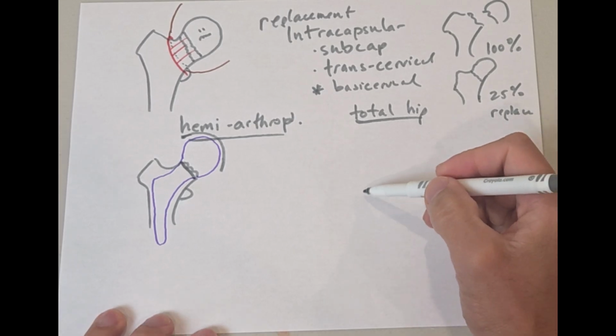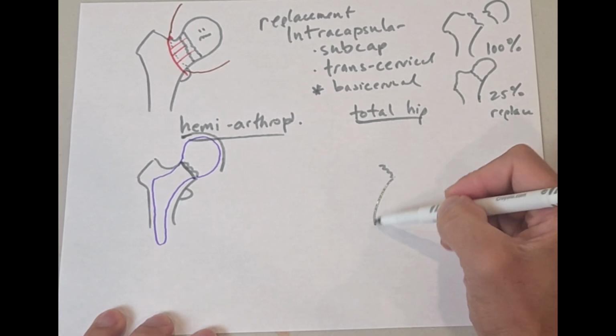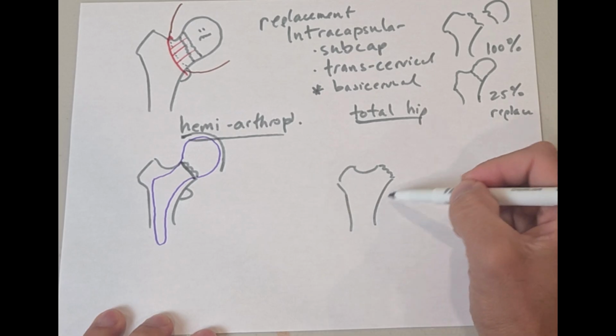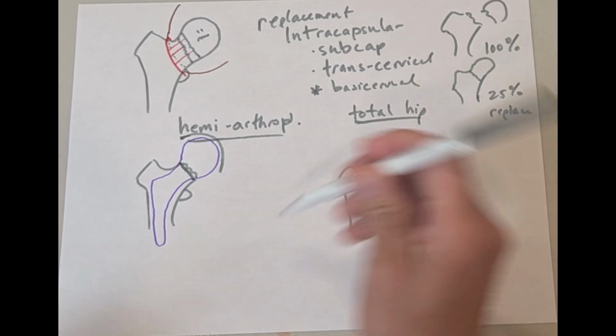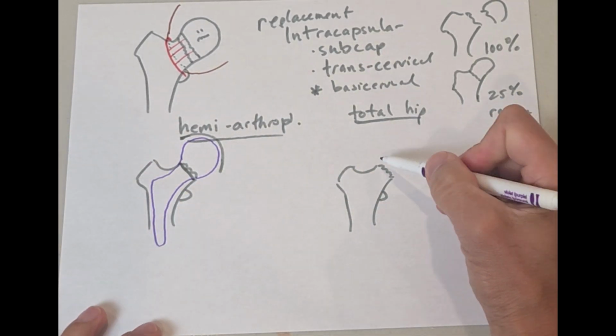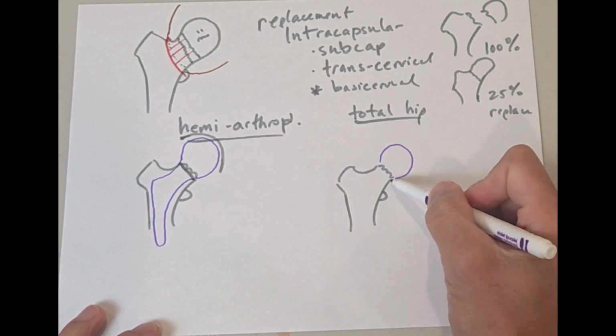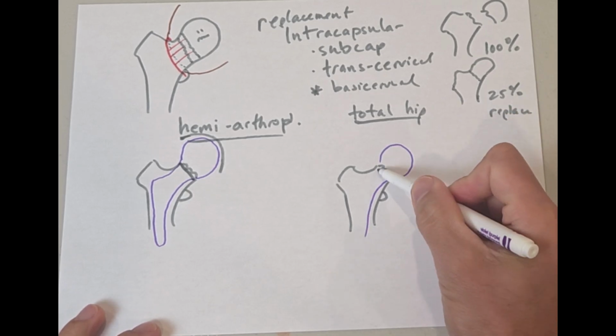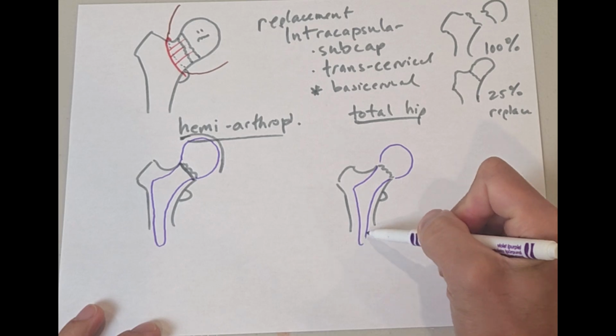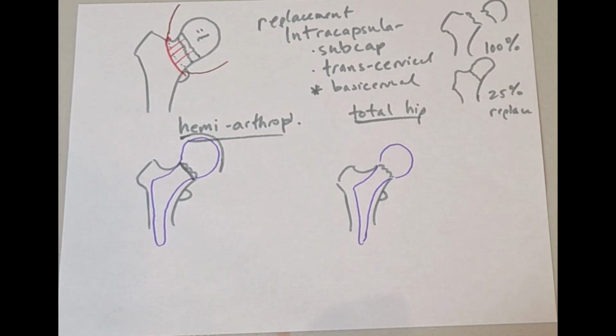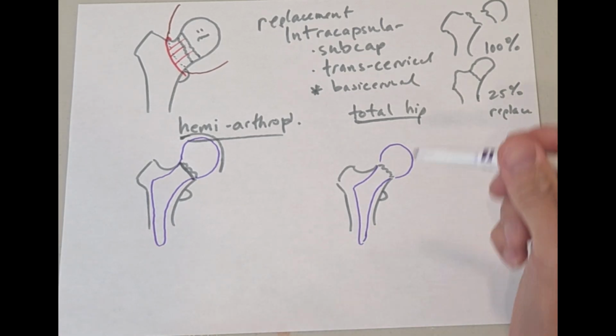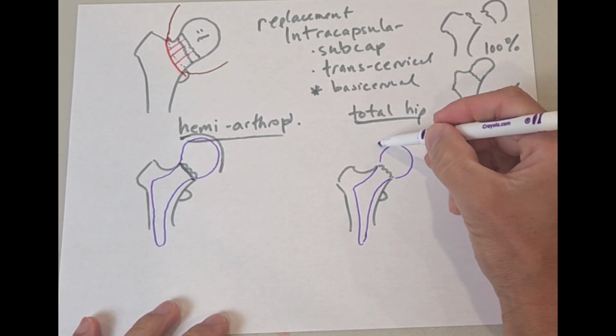Now, for the total hip replacement, say this is our broken hip, broken femoral neck. The first step is the same. We're going to get a metal ball, put it in its place. We're going to put the stem down into the femur. But the difference is, in this case, we also will replace the socket.